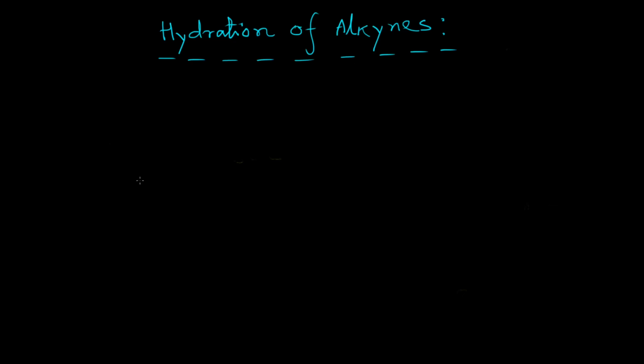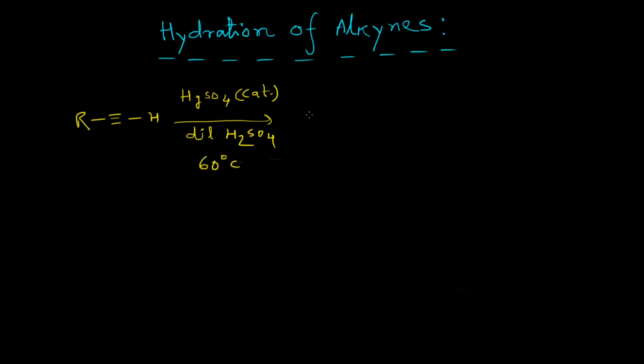Hello guys, in this video we are going to discuss the hydration reaction of alkynes catalyzed by mercuric ions. So if you consider a typical example, then the reaction conditions will be the presence of a catalytic amount of mercuric ion, which is in most cases in the form of mercuric sulfate, in the presence of dilute sulfuric acid, and the temperature is 60 degrees centigrade.